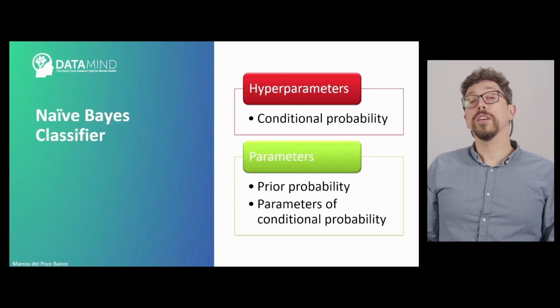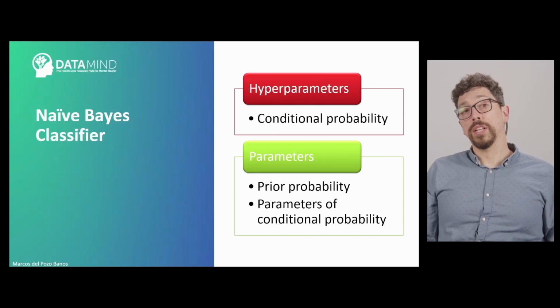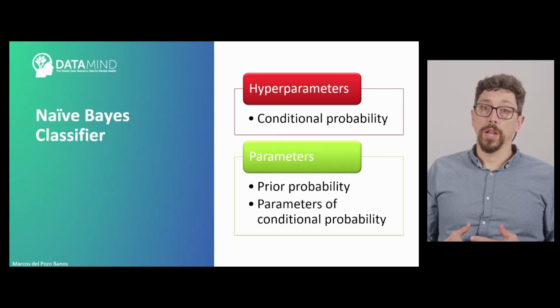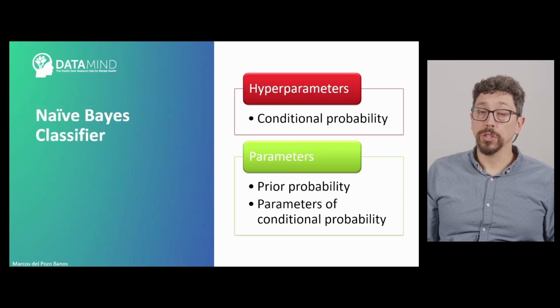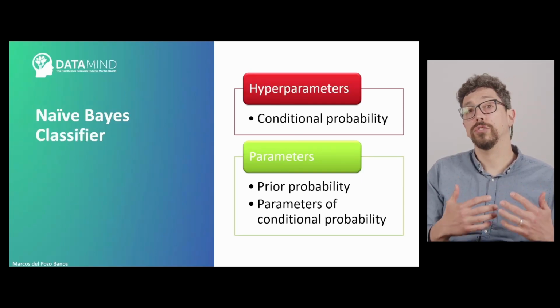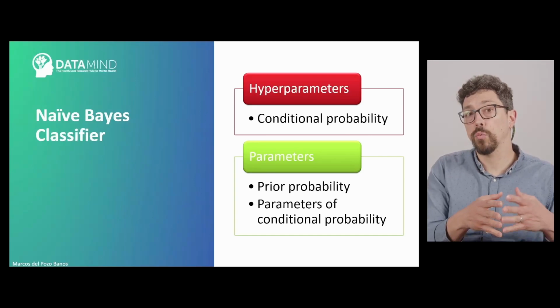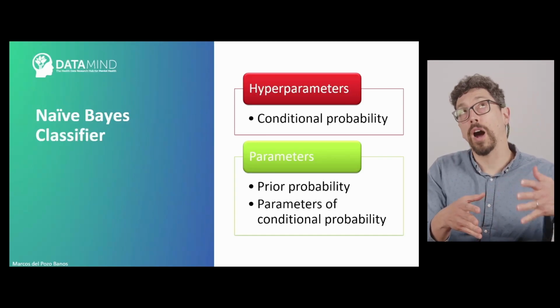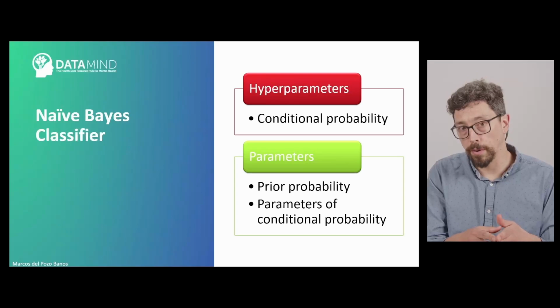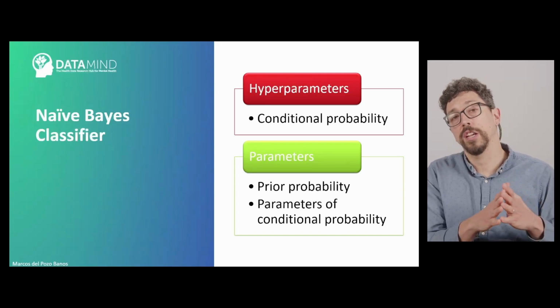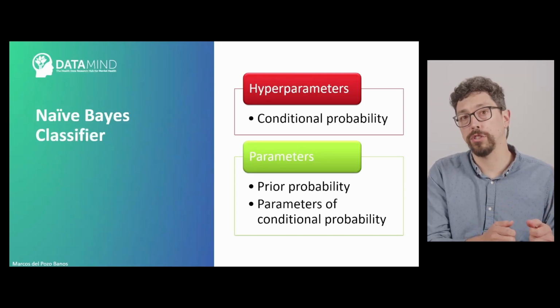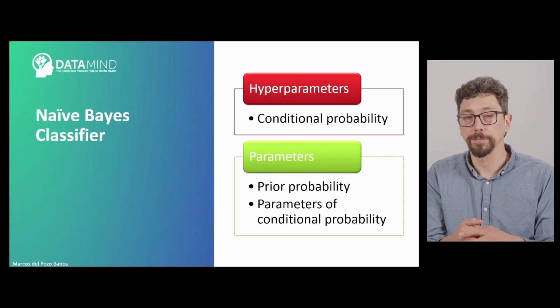So what are the variables involved in naive-Bayes classifiers? In terms of hyperparameters, we need to know what the distributions are that are going to model these conditional probabilities. As I said earlier, is it going to be a Gaussian distribution? Is it going to be something else?